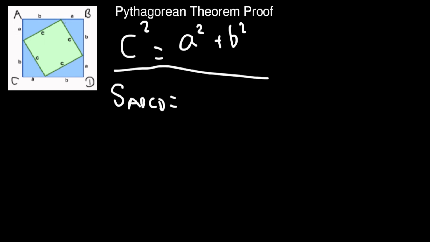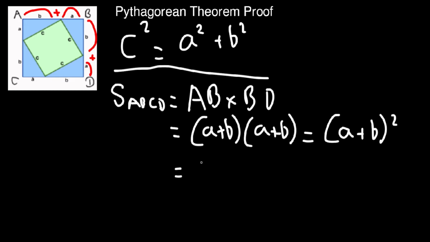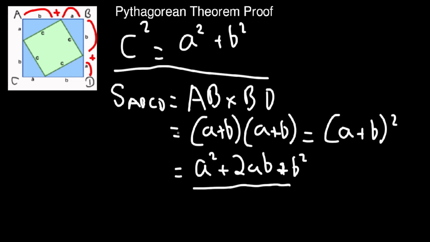So side times side, AB times BD, and AB we can rewrite as A plus B times B plus A, which is the same as A plus B times A plus B. Since this is the same, we can also rewrite it as A plus B squared, and we can rewrite it as that. Boom.